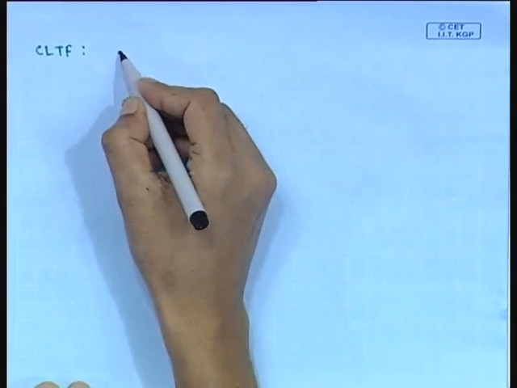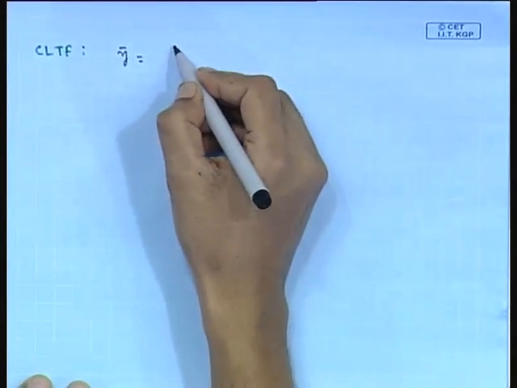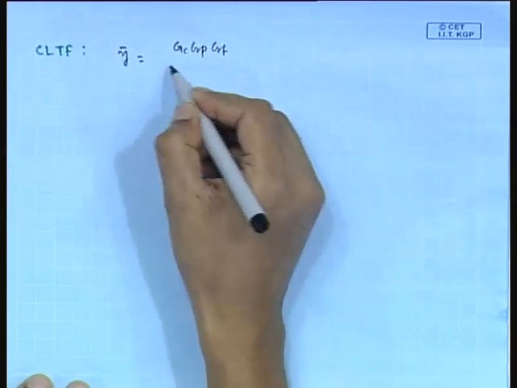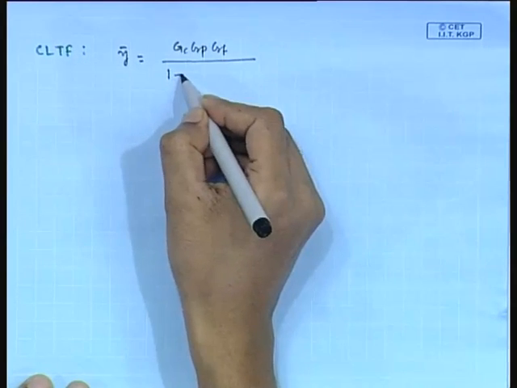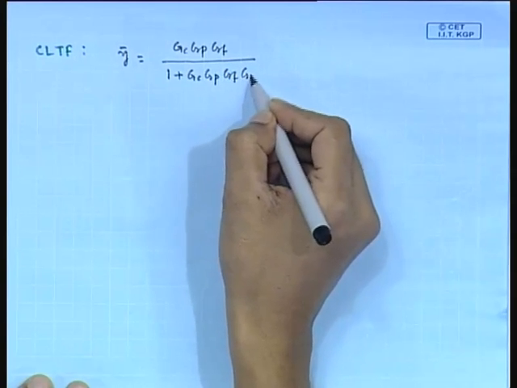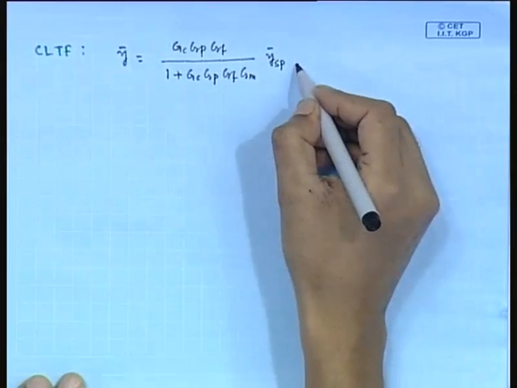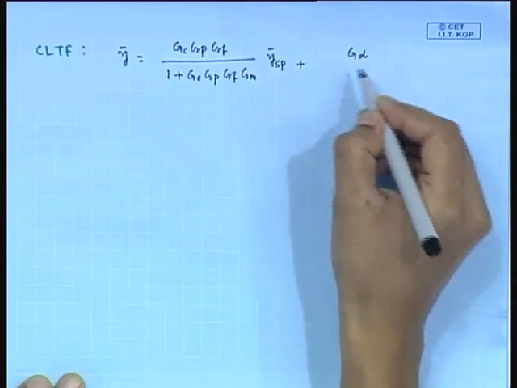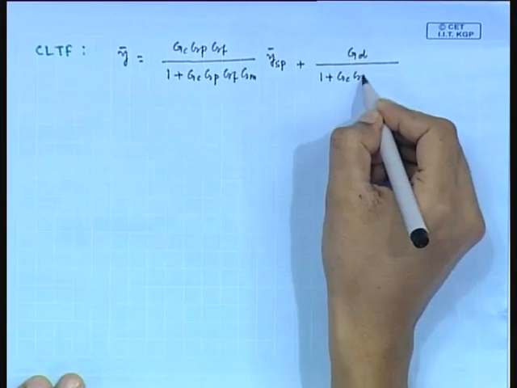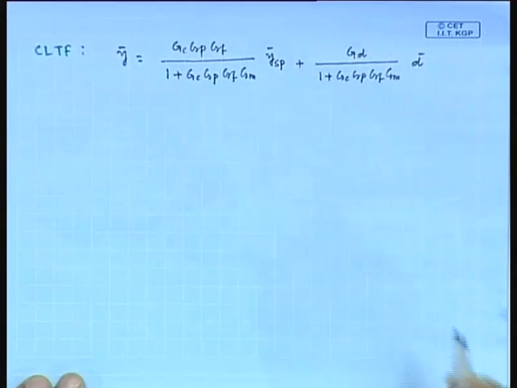The closed loop transfer function we can represent by this expression: y bar is equal to GC GP ZF divided by 1 plus GC GP ZF ZM, times y set point bar, plus ZD divided by 1 plus GC GP ZF ZM, times d bar.